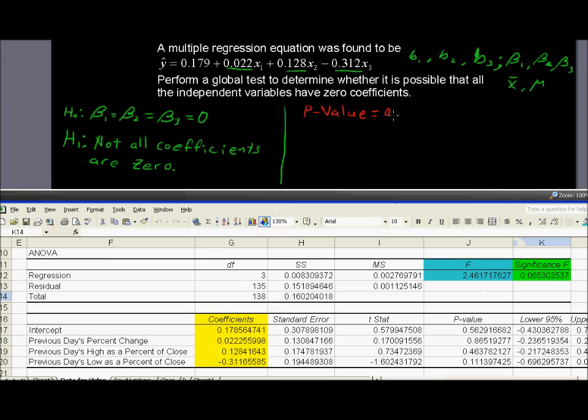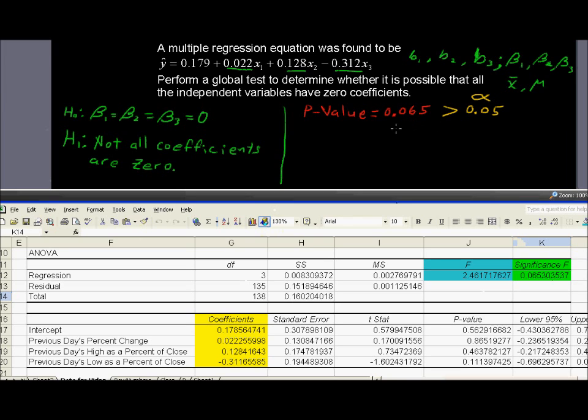P-value equals 0.065, which is unfortunately greater than. If you're not given an alpha, a significance level, then you can assume that it's just 0.05.